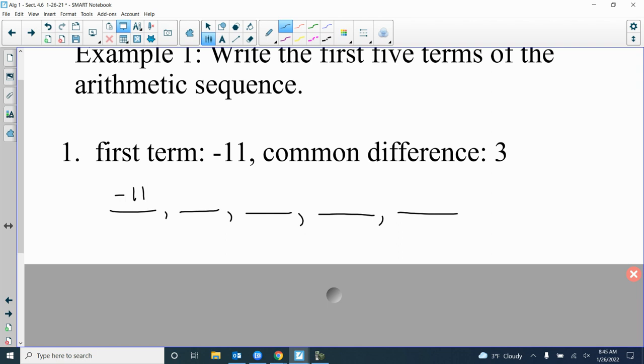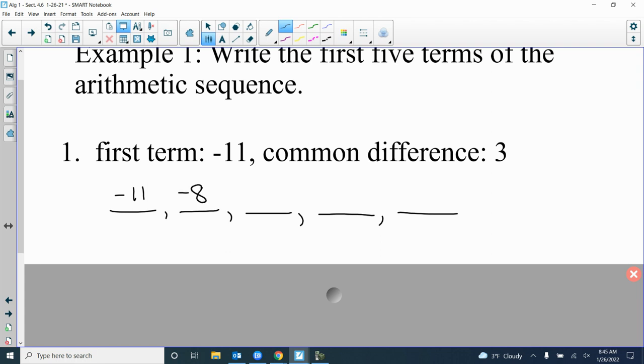All right, how do I find the next one? Add 3. What did you get for that one? You said negative 8. So you add 3, you get negative 8.